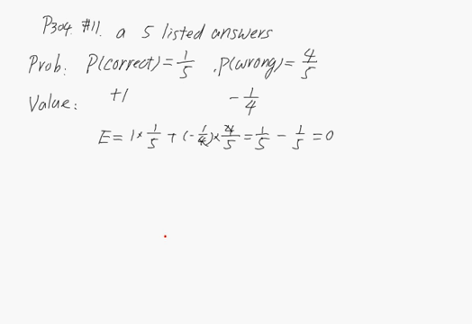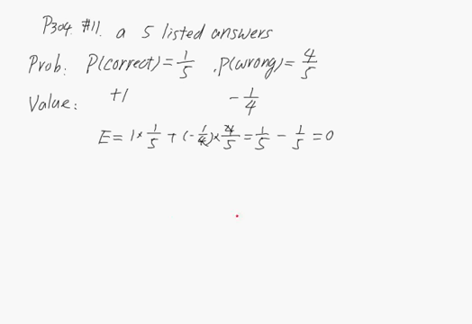What does this mean? If you have no idea about any answer in this problem, if you just guess, then on average you get nothing, right? On average you get 0.